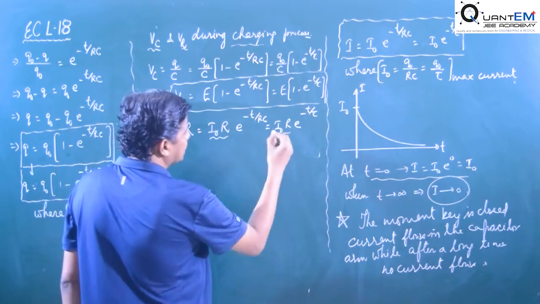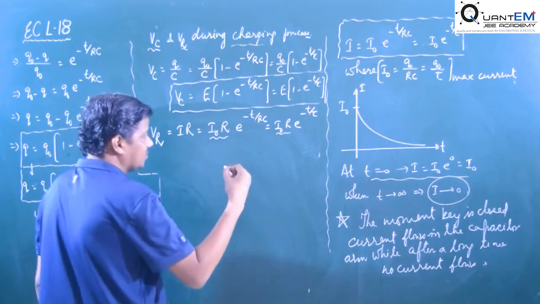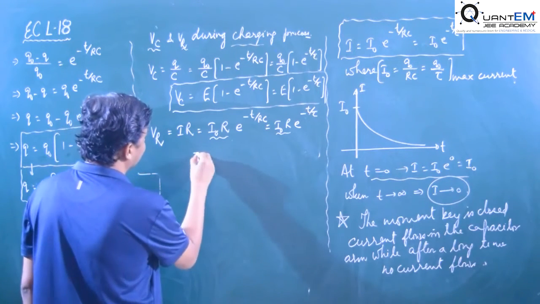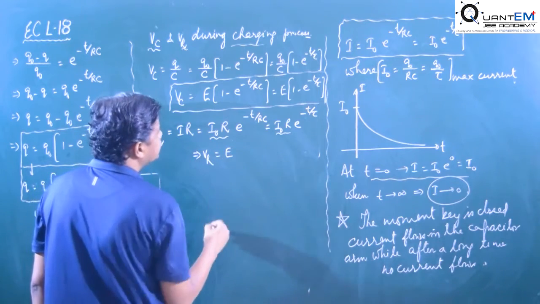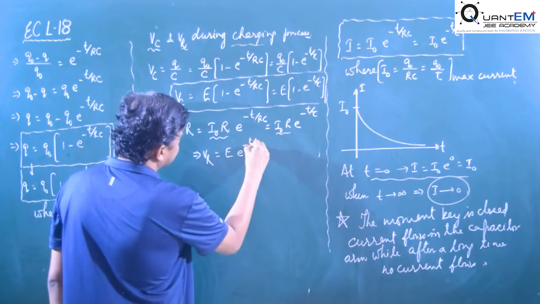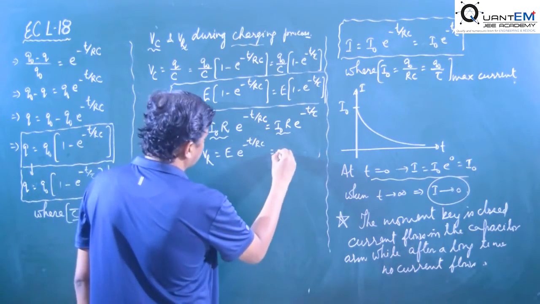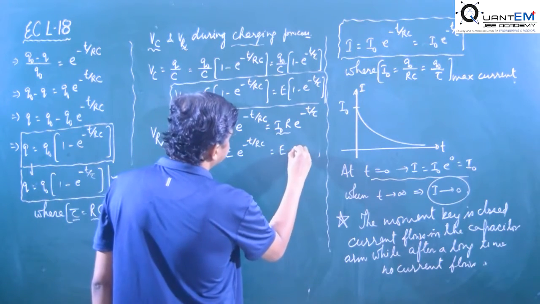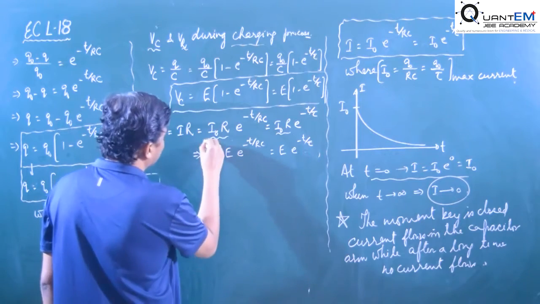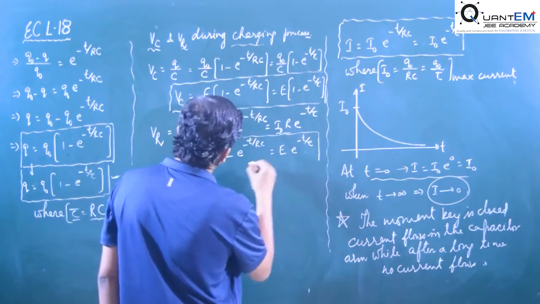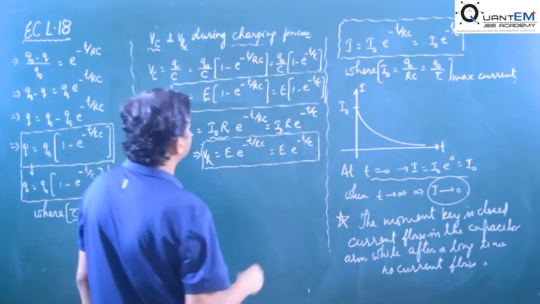I naught R is the maximum voltage, that is the supplied EMF. So you may write VR is equal to E e to the power minus t by RC, or E e to the power minus t by tau. In this way we find the potential drop across the resistor during the charging process.